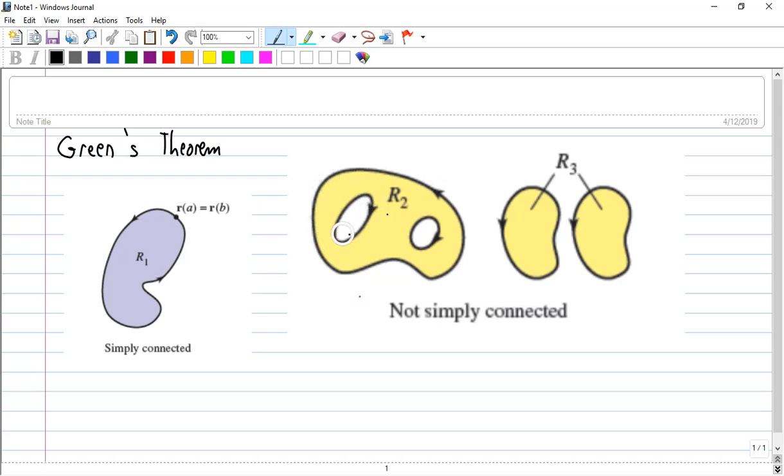You have to have a smooth curve here and here and here. So that's not simply connected. To be simply connected, it has to go around the entire figure. You have no breaks, so it's a continuous line. It's a piecewise smooth line or curve.